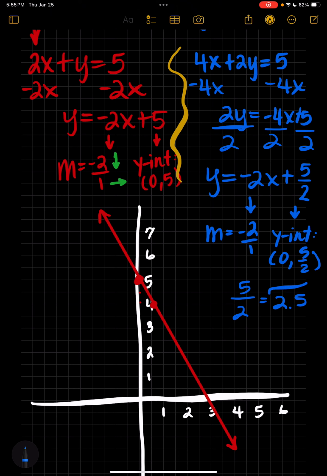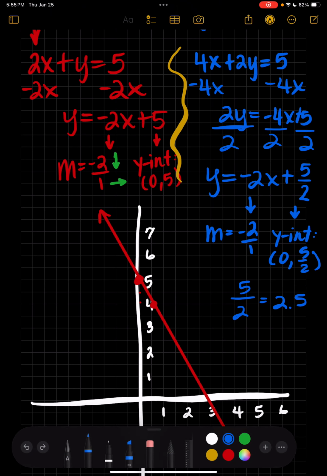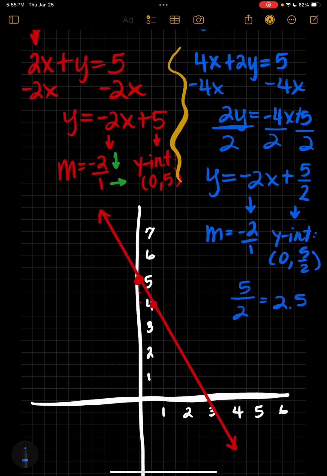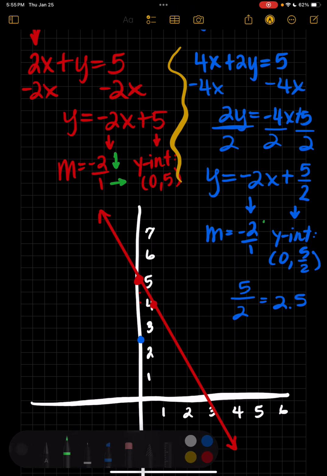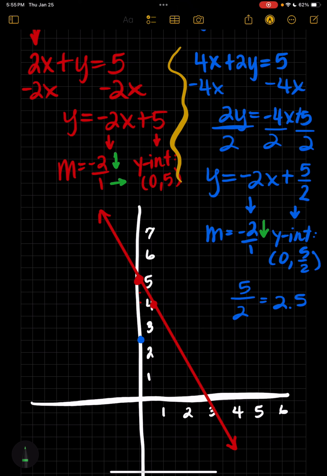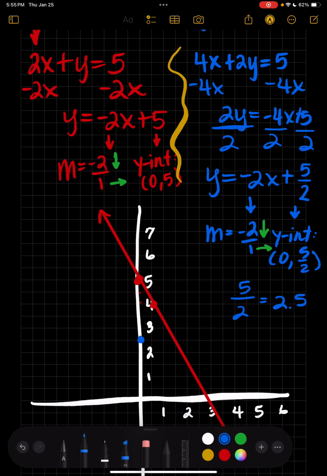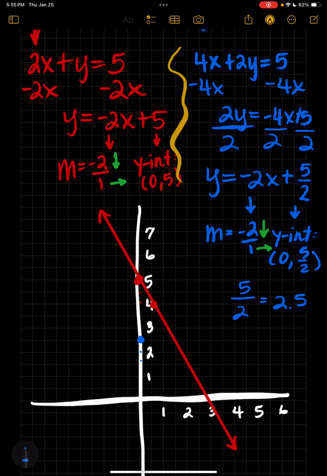Get your decimal equivalent, and then that will help you plot that point. So I'm going to go up to 2.5, and then that slope is the exact same thing. Negative 2 means down 2, and over positive 1 is to the right 1. So from this point, we'll go down 1, 2, and run 1.